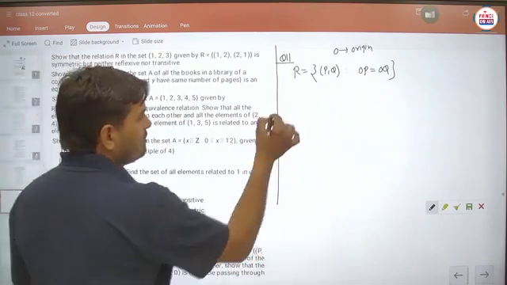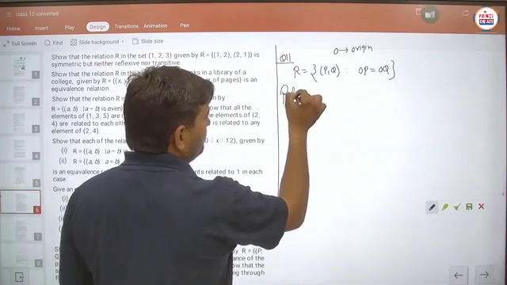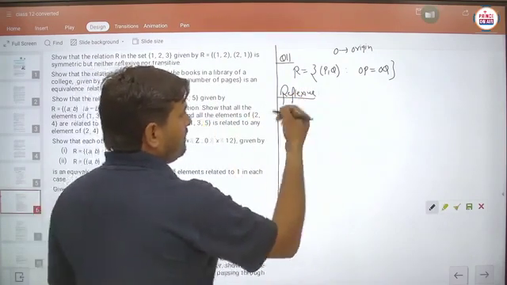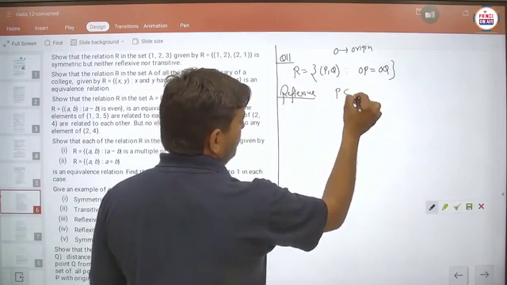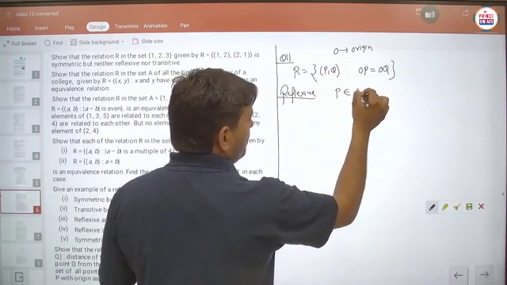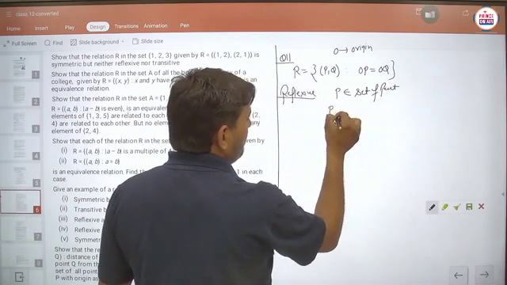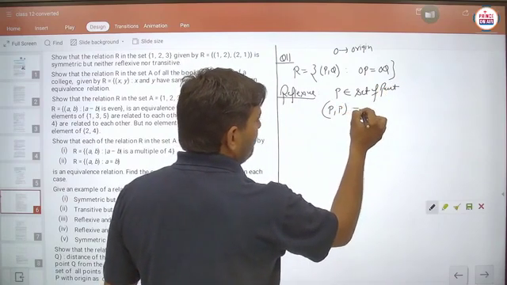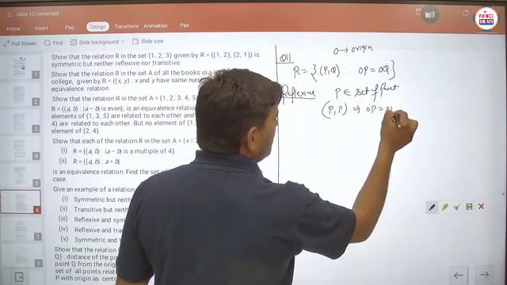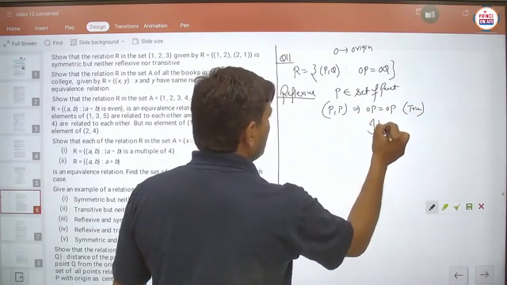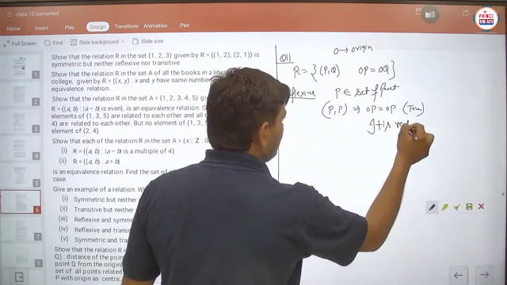So basically, student, this relation is reflexive, because if any point P is taken from the set of points, then definitely (P, P) implies that OP = OP. So it is true, and true means it is reflexive. No problem.